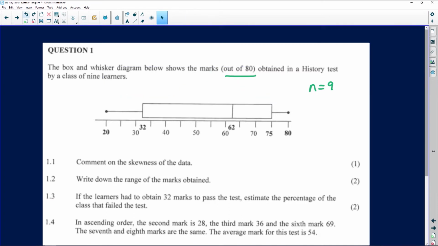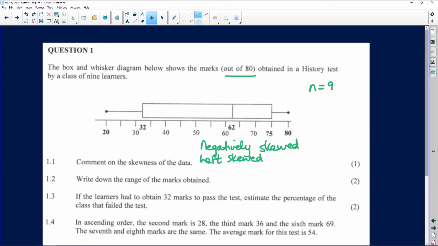So the comment that I'm going to make here is it is negatively skewed. That's all you have to say. You can see that from the graph. Or it is left skewed. Whichever one you want to use, you can use one of those two as an answer for the first question. It means the same thing.